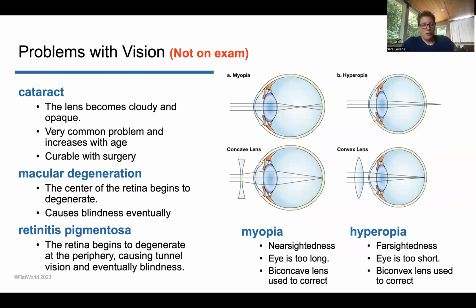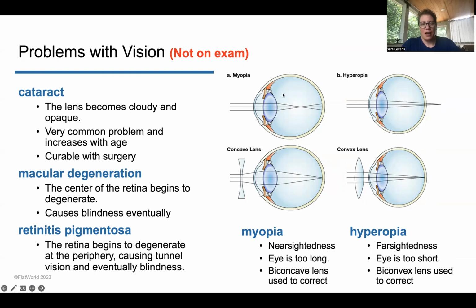Some of these visual problems on the left, cataracts and macular degeneration, occur when you're much older, but this is what some of your parents or grandparents might be dealing with. I know my mom is. So these are things to be on the lookout for. The textbook goes into a little bit more detail.